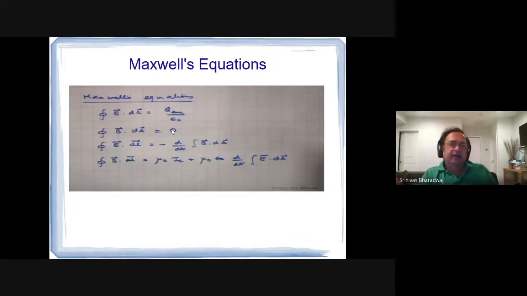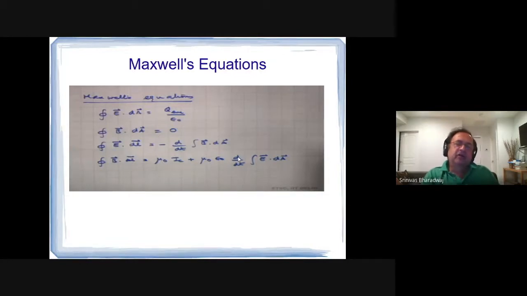Then this one is E dot dl equals minus d phi by dt. This is Faraday's law. And then finally, Ampere's law has the second term, and these four equations became Maxwell's equations.